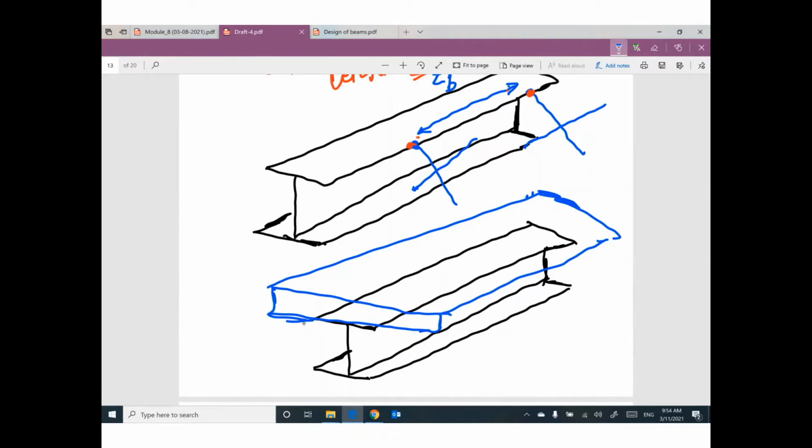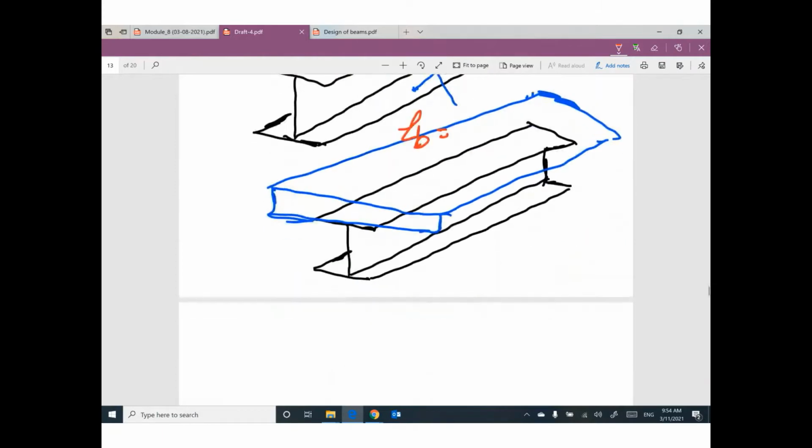Do you think we have a value for LB? What is the value of LB in this case? Actually, every single millimeter in this beam is connected to the slab. So the lateral support for this beam will be the concrete slab. That means LB equal 0.